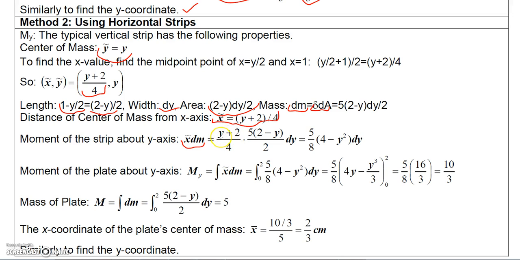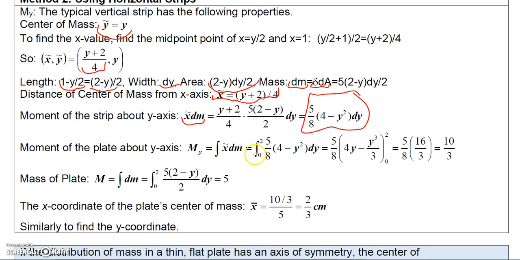We just multiply y plus 2 over 4 times the dm. So we're taking the x tilde times the dm here, and we get 5/8 times 4 minus y squared dy. And then if we integrate that, remember I said we're integrating from y equals 0 to 2.